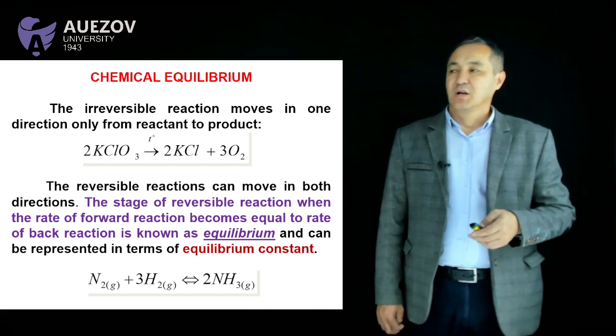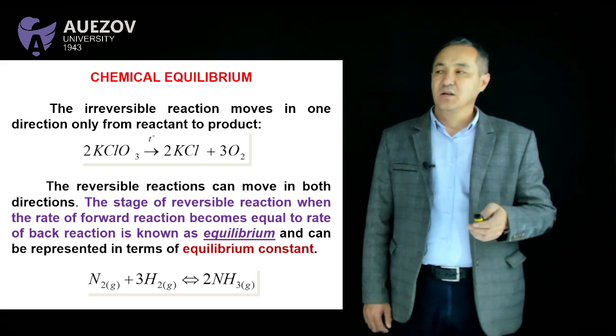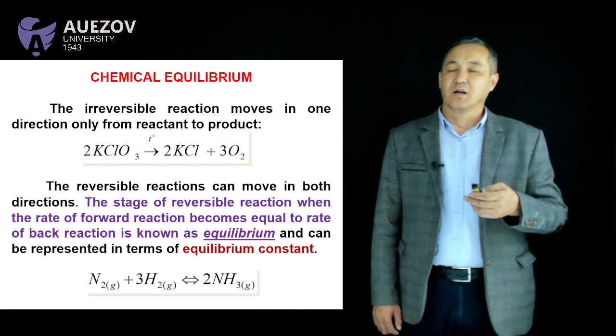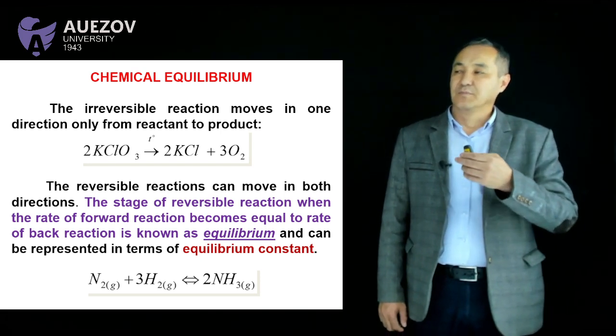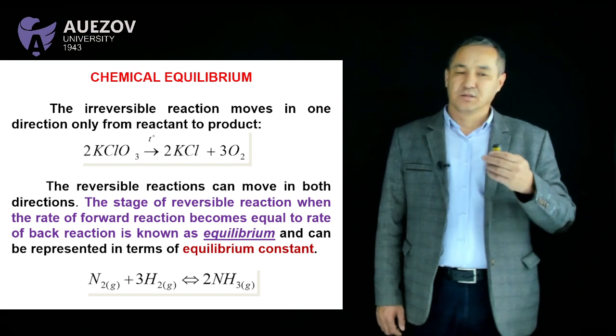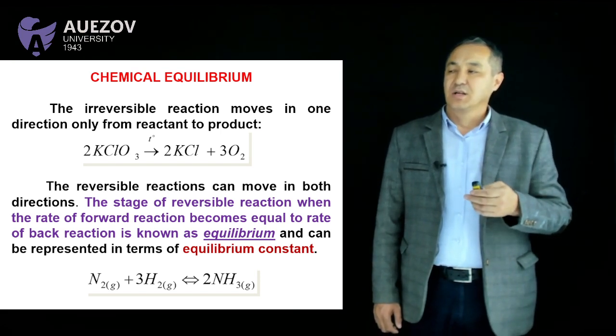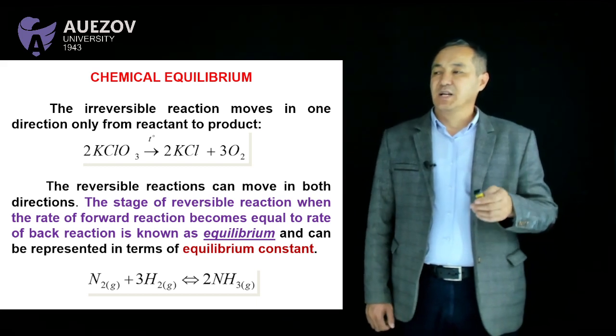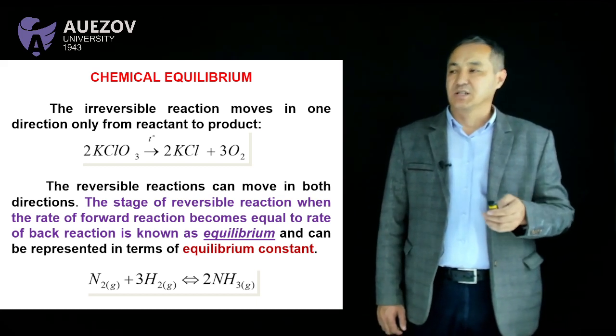For example, potassium chlorate under heating can give potassium chloride and oxygen gas. The reversible reaction can move in both directions.